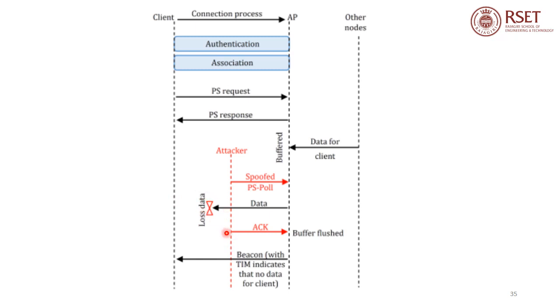And the attacker, who is very brilliant, will also send back a spoofed acknowledgement frame stating to the access point that it has received all the data which the access point has sent out, and the access point will have no idea what has happened. The wireless station will also have no idea what has happened, and finally the data is lost. And this is how a PS poll attack is done.